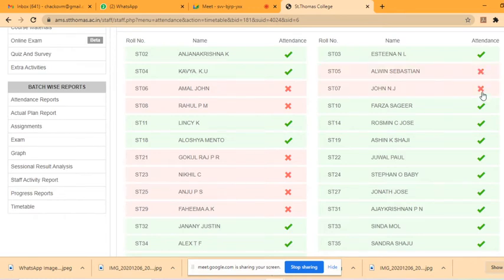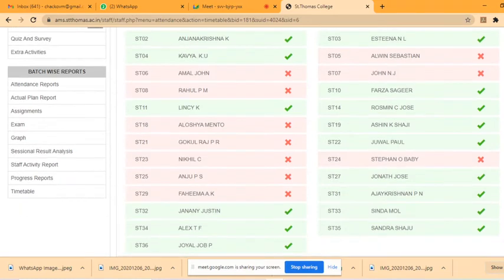John NJ. Aloysia. Jewel Paul, Stephen, Ajay Krishnan, Sindamol. Present, sir.